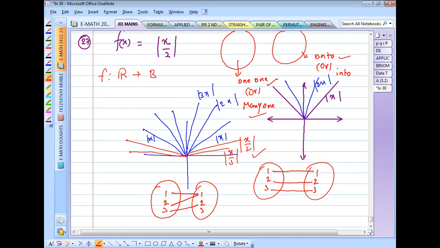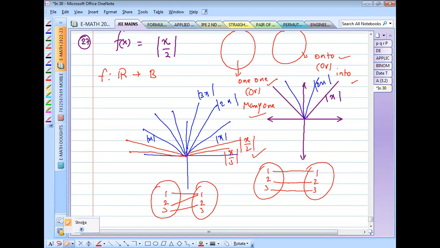And what about onto and into? Look at this figure. Look at set B. B has elements 1, 2, 3, and they are all connected to elements of set A. That means it is called onto.